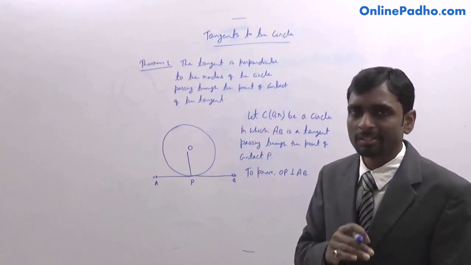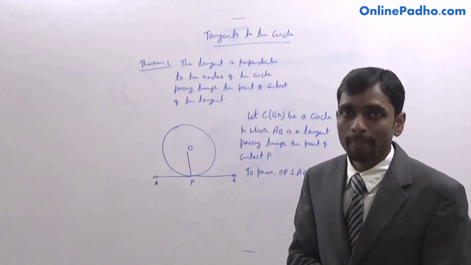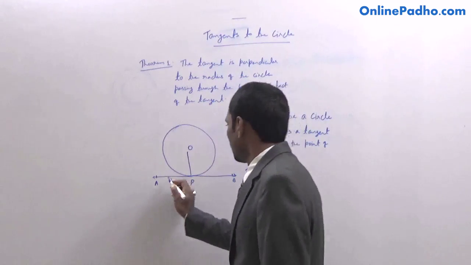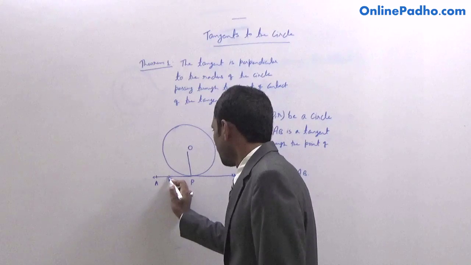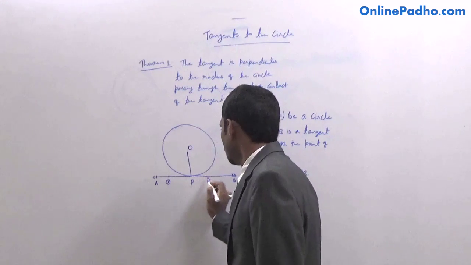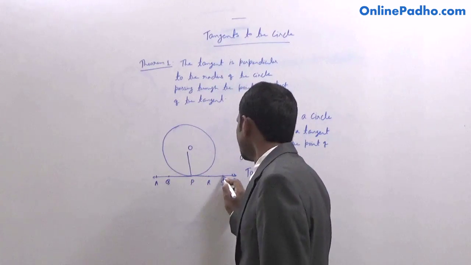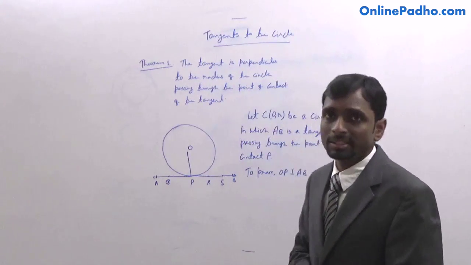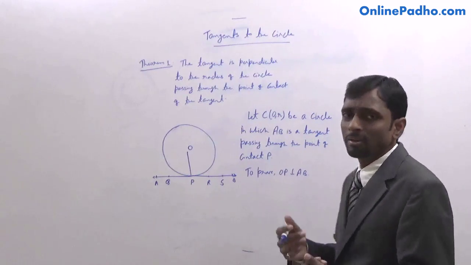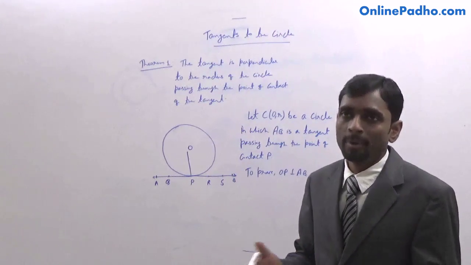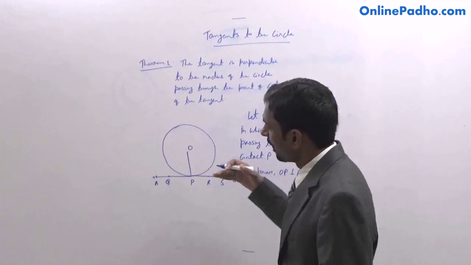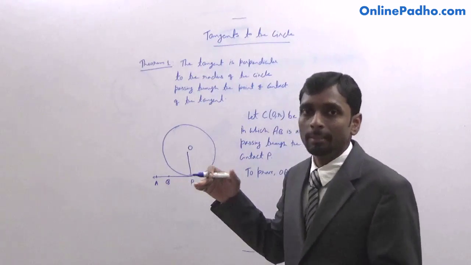We need to construct something in this. We can take some points Q, R, S on the tangent. We can take any number of points, 2 points, 3 points, 4 points, 5 points. We need to consider some points on the tangent AB.